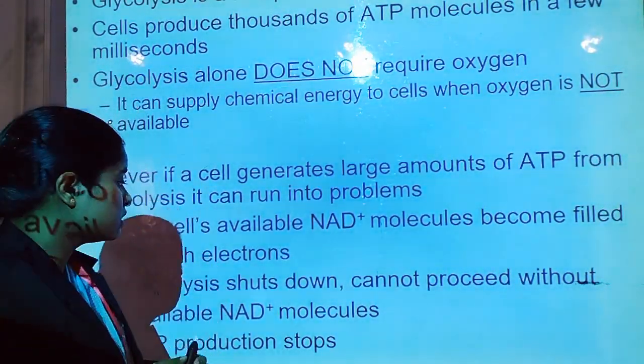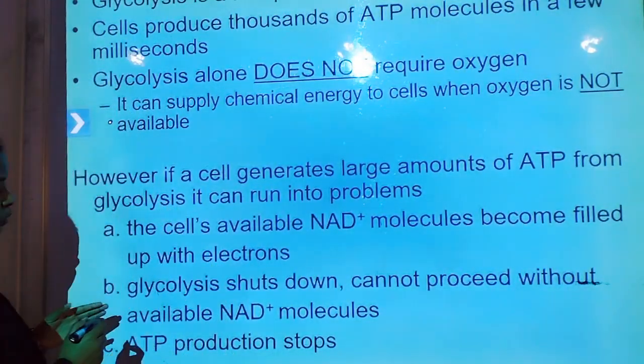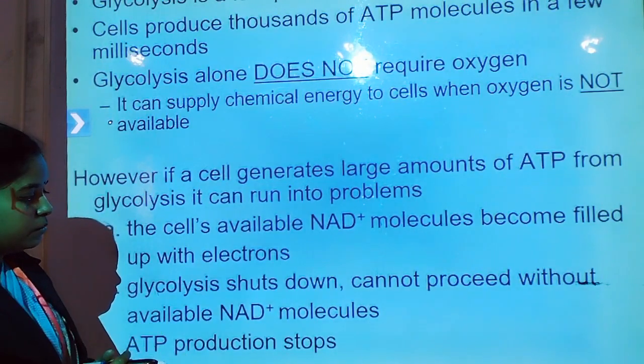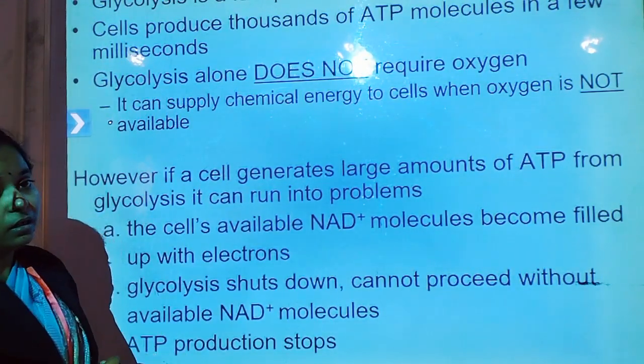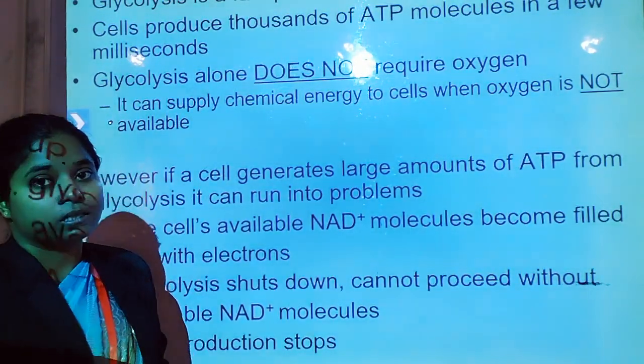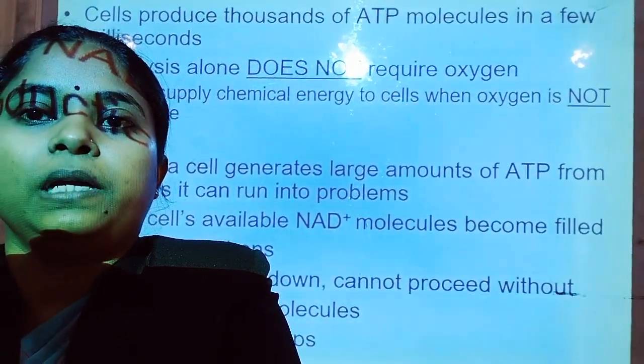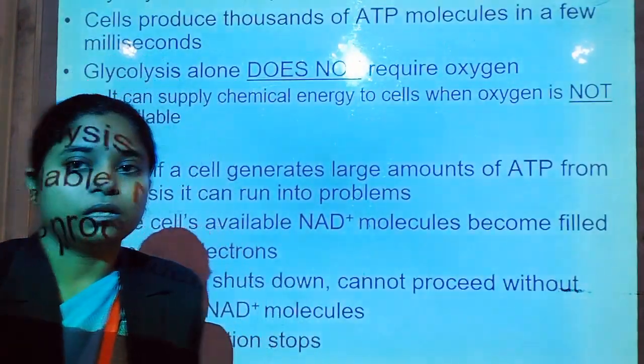Now students, from this line it is clear that NAD plus is required for the synthesis of NADH plus H plus. So if NAD plus is not present in the medium, then overall the ATP cannot be synthesized from the glycolysis process.